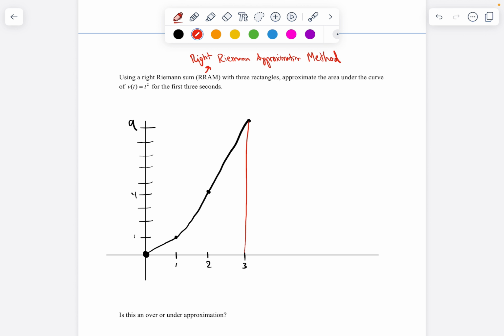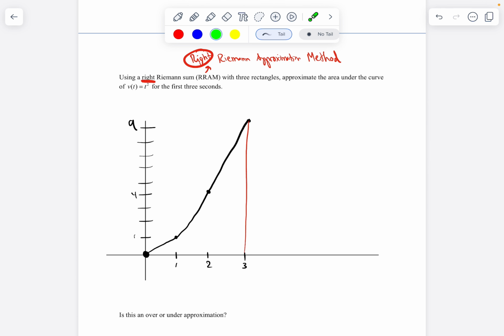If I split this up into rectangles, I could approximate the area and guess it because everyone knows the area of a rectangle. It's just base times height. So the keyword right Riemann method is stating that I'm going to make rectangles that touch this curve in the right corner, okay?